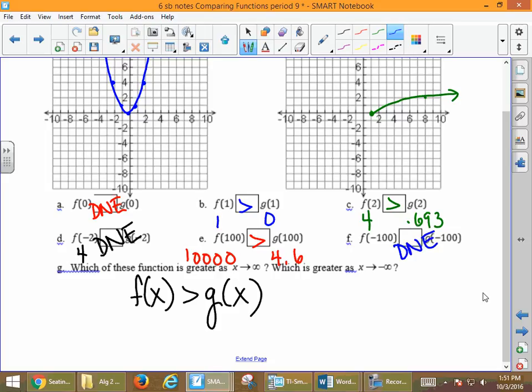And consequently, it says which is greater as x goes to -infinity. Well, one of the graphs doesn't go towards -infinity, so we have no basis for comparing on this one. So the only one that we can compare is that as x goes to infinity, f of x is greater than g of x. We can't compare here.